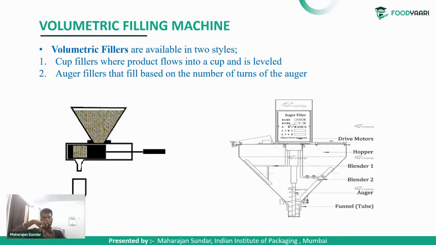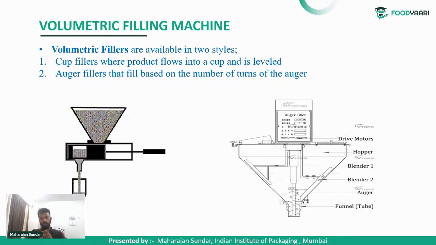It is not continuously moving, because when the auger rotates, the product inside the hopper is dispersed to the funnel, and thereby to the cup below. For example, for dispersing 5 grams or 25 grams of masala powder, 5 rotations of the auger are needed. Only for those 5 rotations will the auger operate.